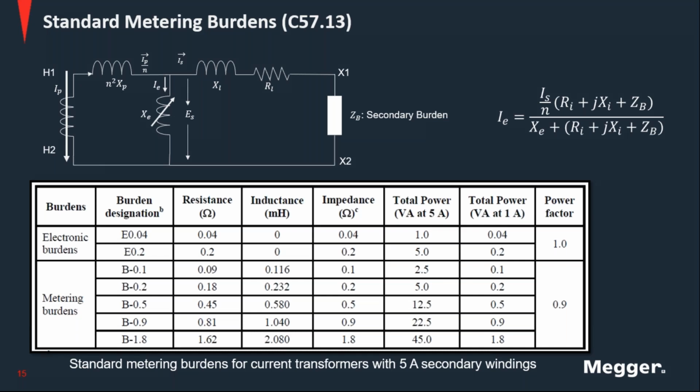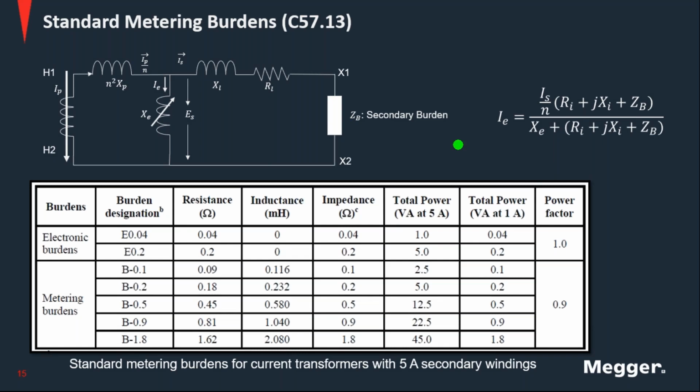And the burden can also have a specific power factor. For metering purposes, you have 0.9. For electronic burdens it is 1. So you can see here that CTs designed for electronic burdens can handle just smaller loads and not as big as the metering burden. So this is what the instrument transformer can handle, the maximum characteristic of the load to be connected.